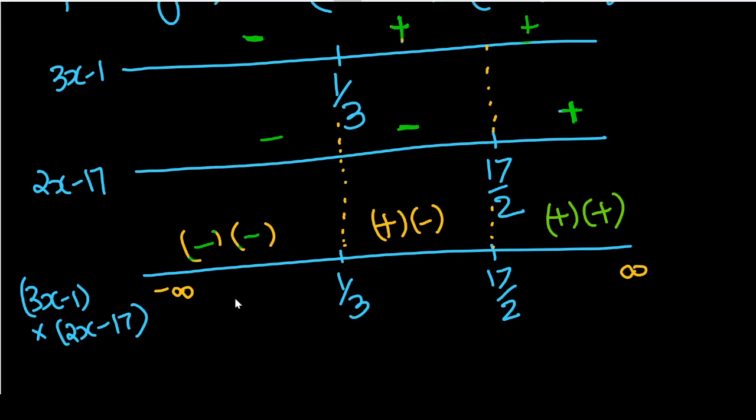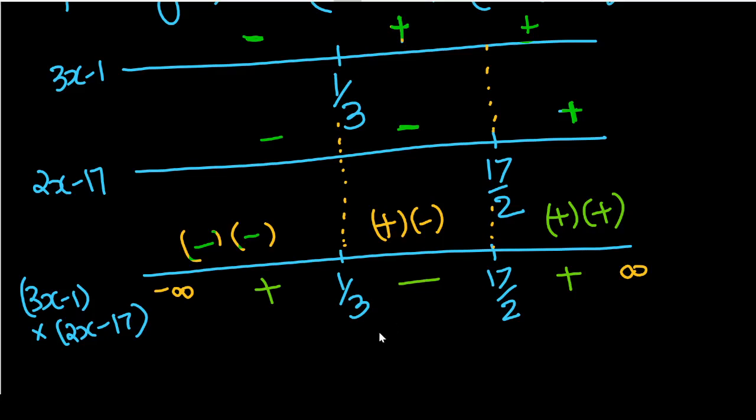Linear expressions, if multiplied, give a quadratic expression. So minus into minus, it gives what? It gives plus. Similarly plus into minus, it will give minus. Similarly plus into plus, it will give plus.